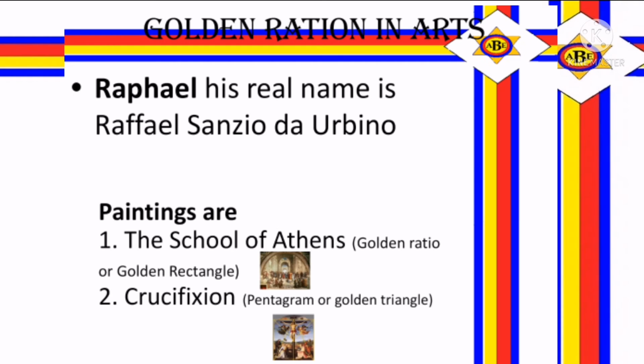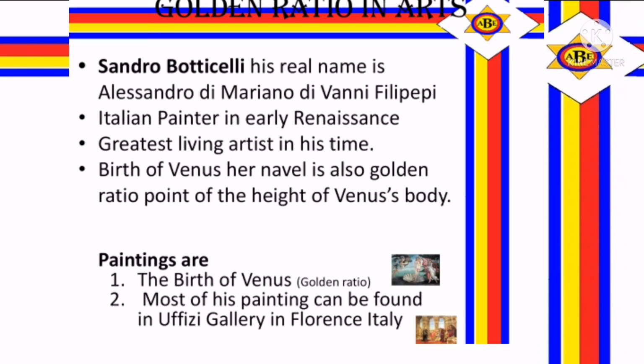Of course, we also have Raphael. His name is Raffaello Sanzio da Urbino. His paintings are The School of Athens and Crucifixion. Sandro Botticelli. His real name is Alessandro di Mariano di Vanni Filipepi. He is an Italian painter in the early Renaissance.